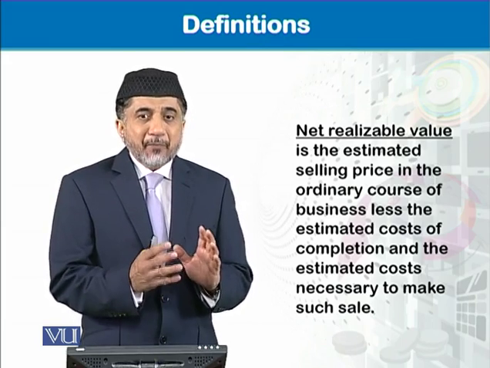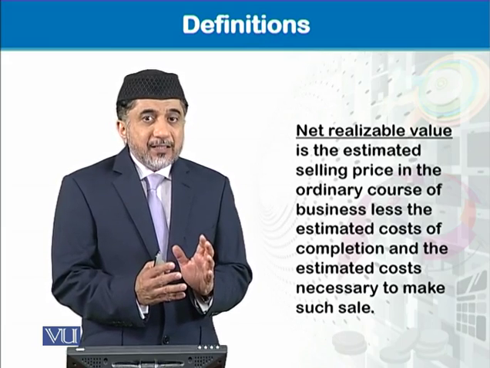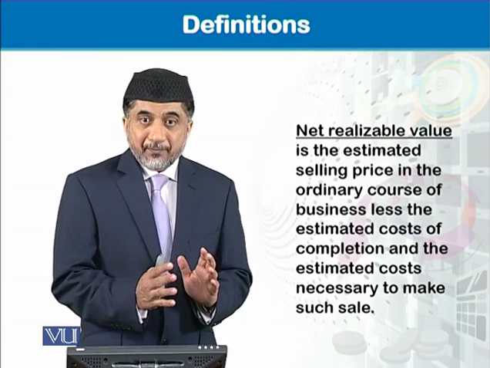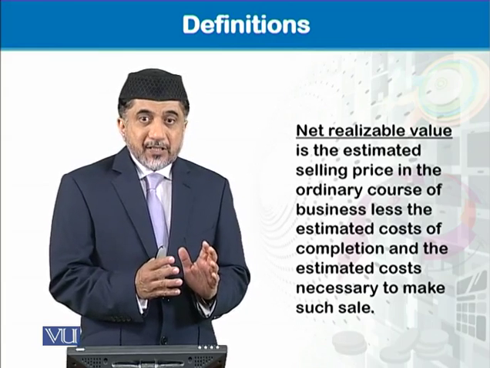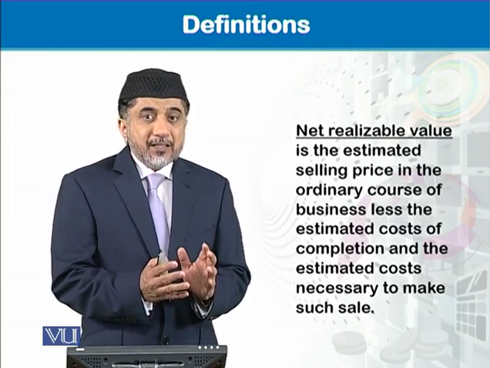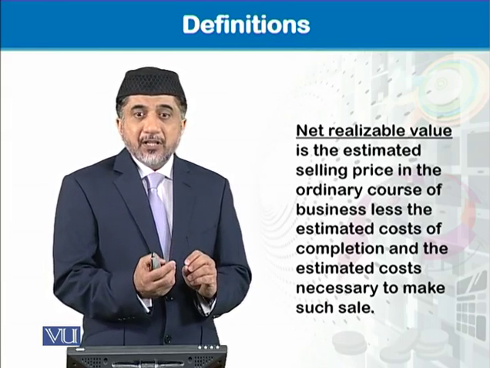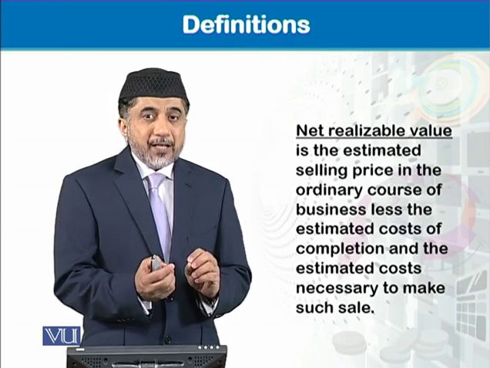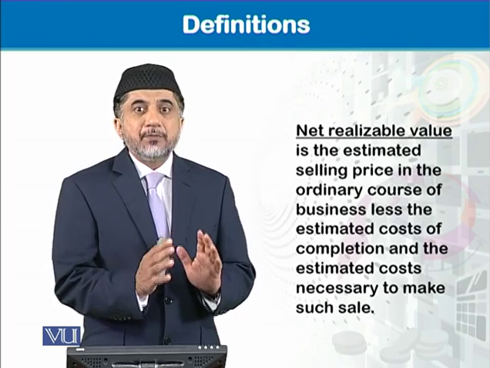The market will not tell us the price of a 50% finished table, or a table which is 75% complete. Market will always tell us the price for the table which is 100% finished.